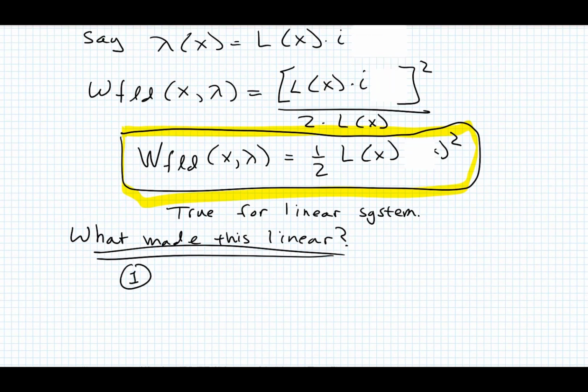Number one, the current that we put into this, I'm going to say is equal to some constant current, I naught. The corollary to this was if I is a function of x, and it's changing with x, then the system is not linear.